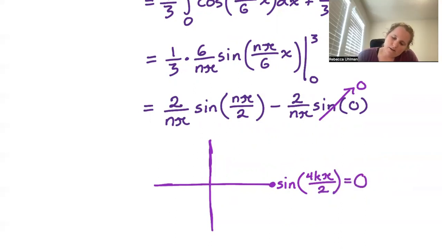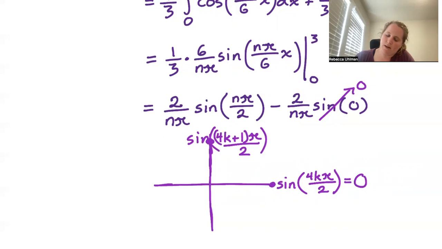Our next, working our way at the equivalent of pi over 2, this would be 4k plus 1 times pi over 2. Here, sine of 4k plus 1 times pi over 2 has sine equal to 1.